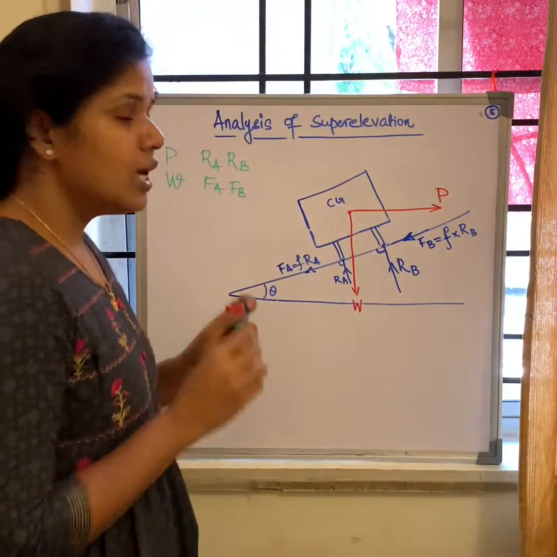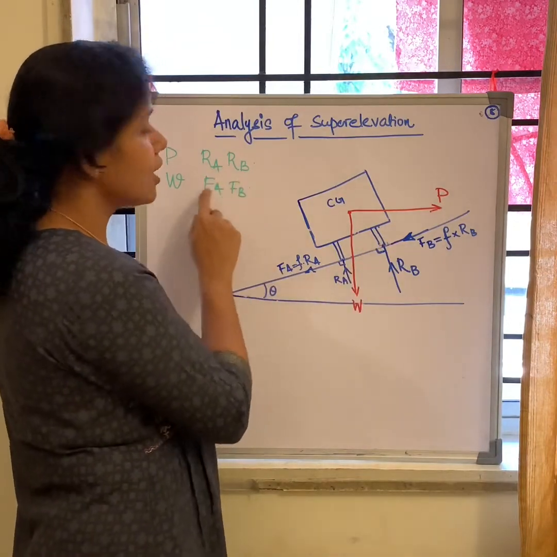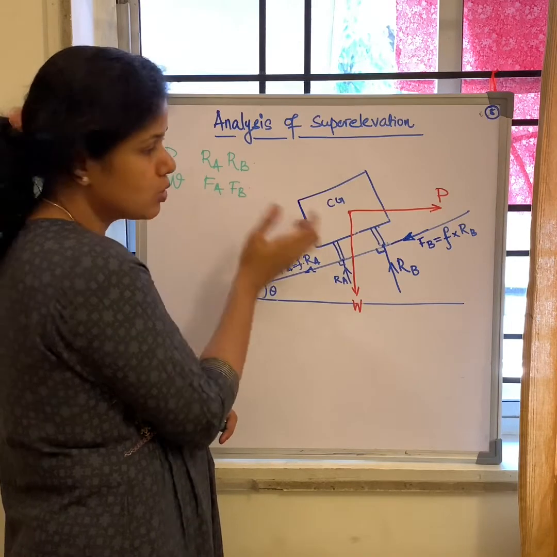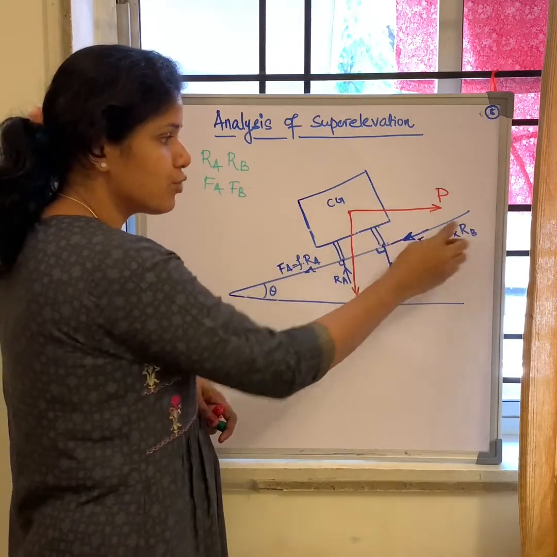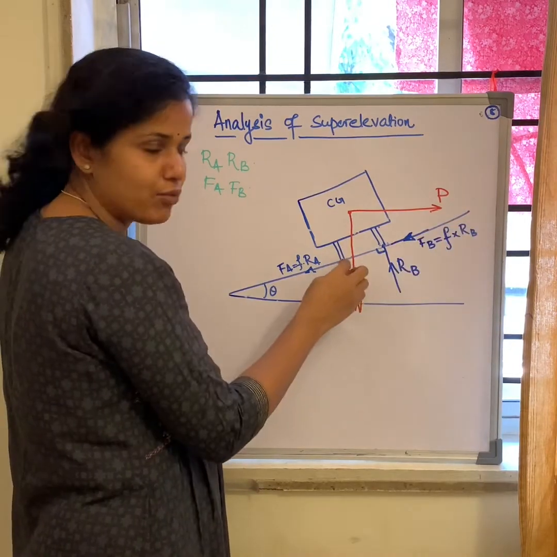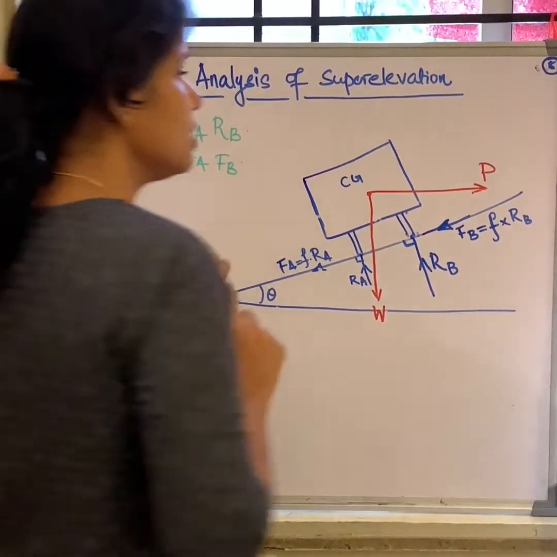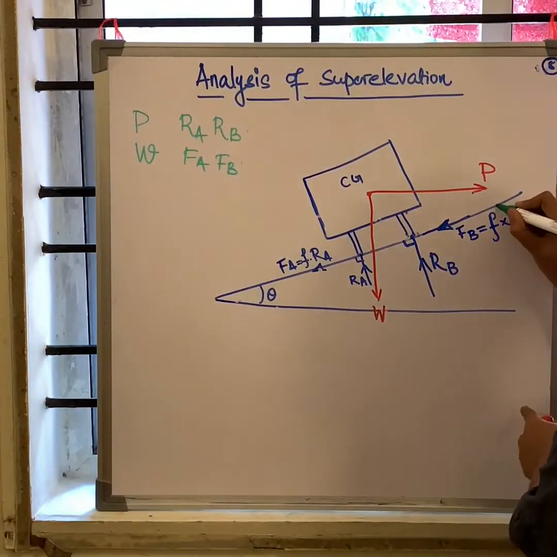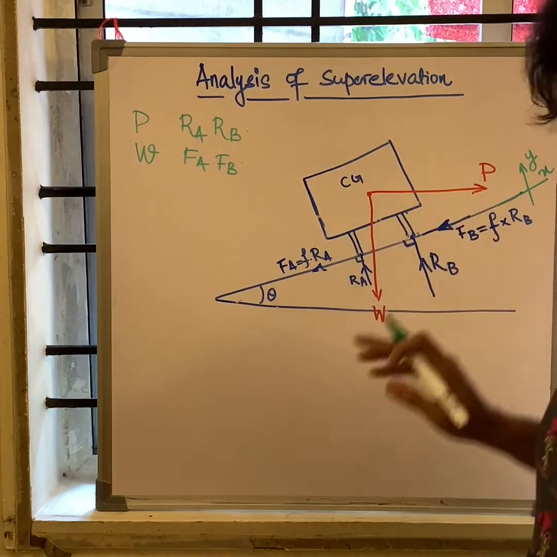Now, if you look a little more carefully, you will understand that the reactions and frictional forces are acting along the inclined surface. That means the frictional force is along the inclined surface and perpendicular to it the reaction is happening. So if I draw the coordinates, probably I can draw it in this manner. This is along the inclined plane x and perpendicular to the inclined plane y. So this x and y is where your reaction as well as frictional force is acting.